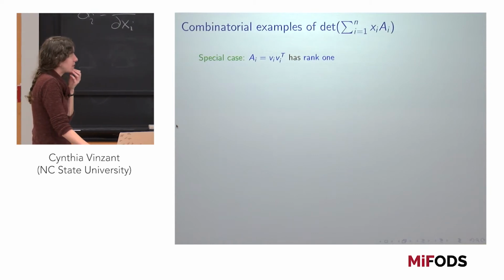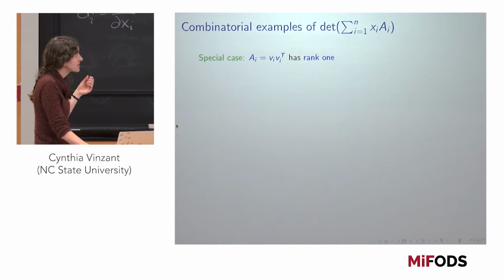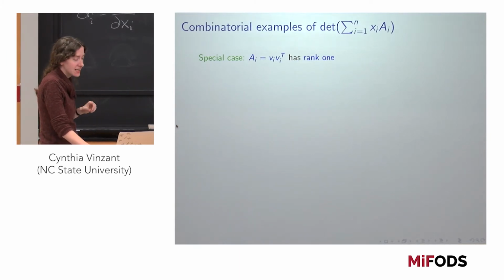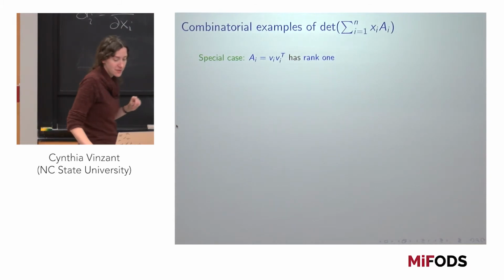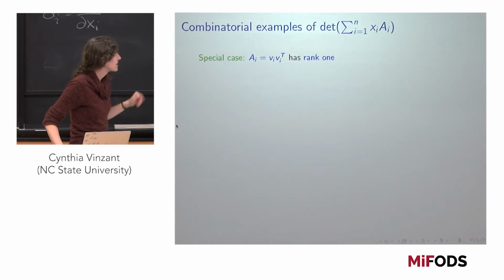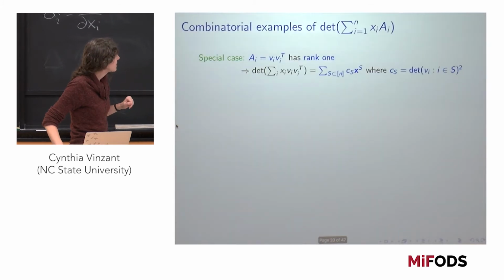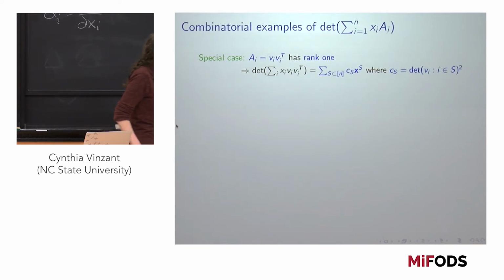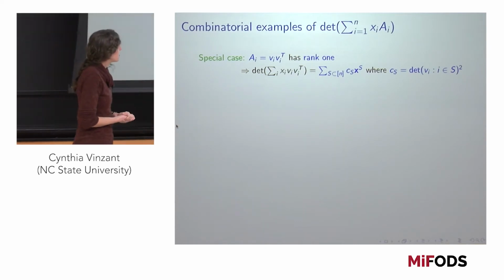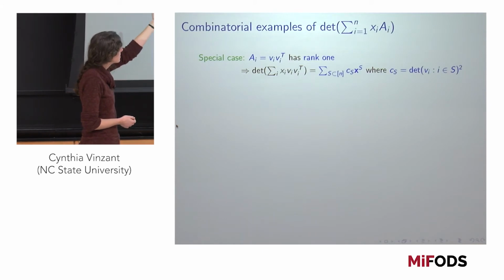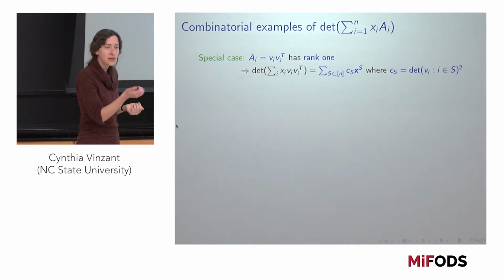Even just this example of taking polynomials coming from determinants, you can get a lot of nice polynomials just by restricting to this case, even restricting to the case where these matrices have rank 1. So I just wanted to throw a few examples at you. If all of the matrices have rank 1, really a vector times its transpose, then the determinant is going to be one of these polynomials where no variable shows up with degree more than 1.